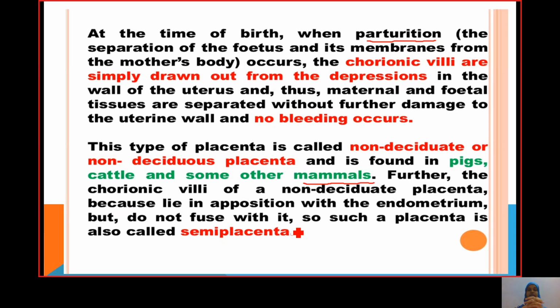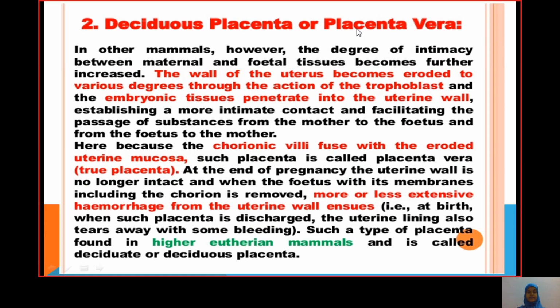If it were fused, it would cause damage to the uterine walls when it comes outside. So it does not fuse; it is just attached. Such a placenta is also called a semi-placenta, because it is lightly attached and not fused to the uterine walls.